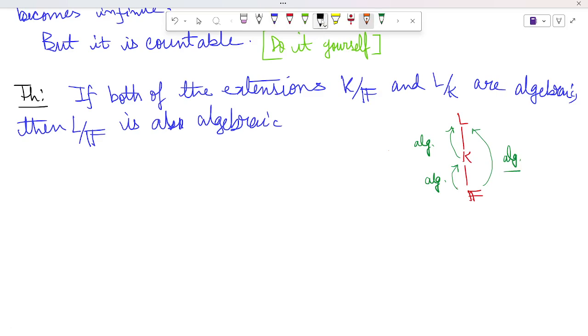So we pick an element and show that it satisfies this. Okay, so we will do it in the following way.